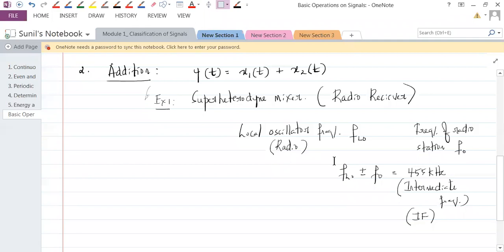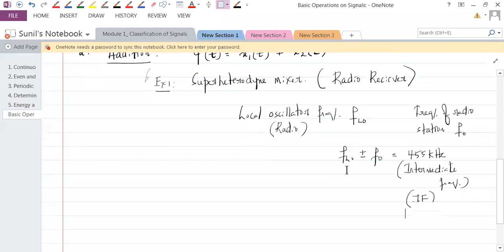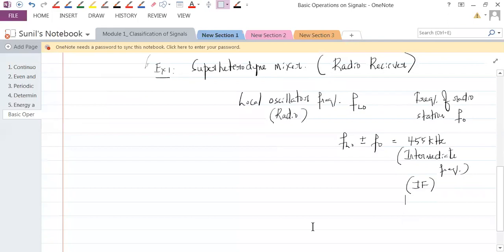This is called a radio frequency mixer. Mixer means we are adding or subtracting. Is that okay with you? Similarly, we have an audio mixer also. So this is one example, and the second example is the audio mixer.